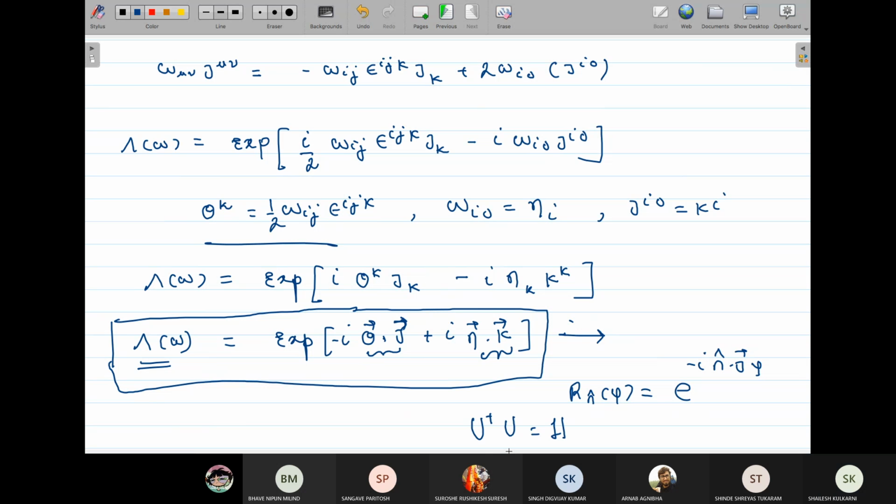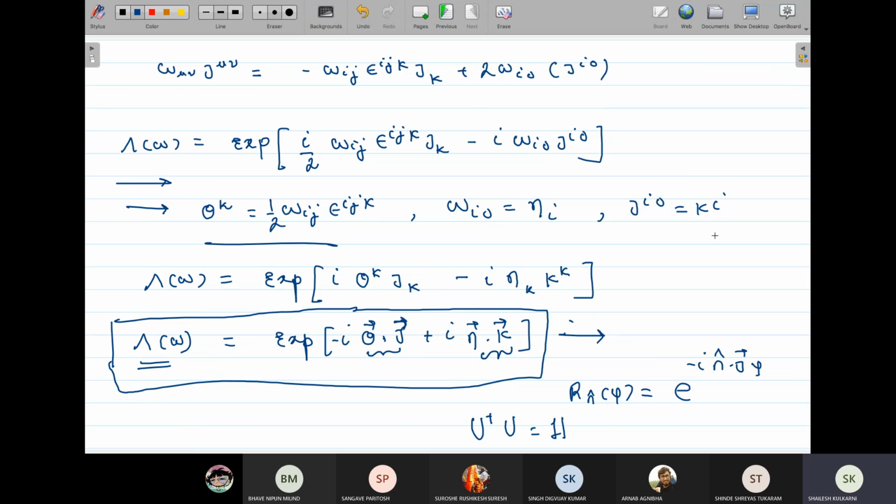The story is not so simple in the case of Lorentz transformation. This part remains unitary, but this is not. The reason you can trace back to the fact that these etas are basically the parameters for Lorentz boosts: eta 1, eta 2, eta 3. Maybe I will do this explicit calculation from this point onwards.